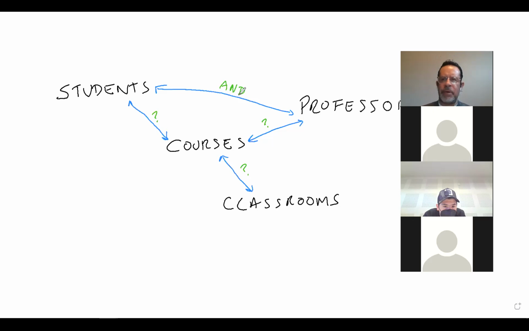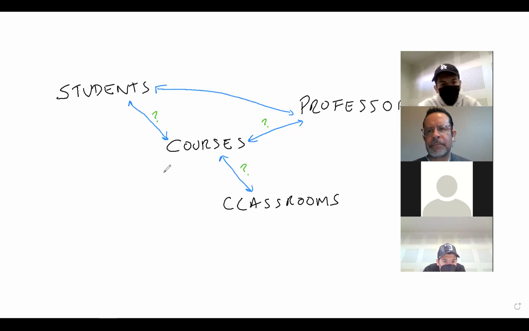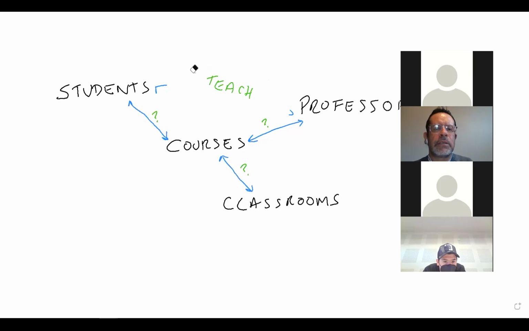It doesn't really describe the relationship, which is what we're looking for. Joel, go ahead. Professors teach students. That's good, Joel. If we're going this way, we can say professors teach students. That's a relationship. I'm going to leave that there because that was a good one, and I'm going to do it like this because it's important to understand how we're reading the relationship.